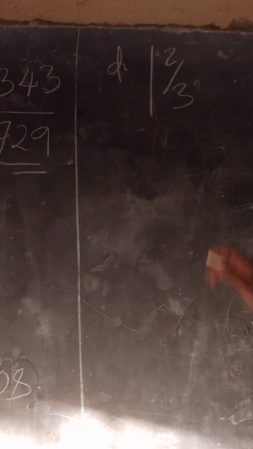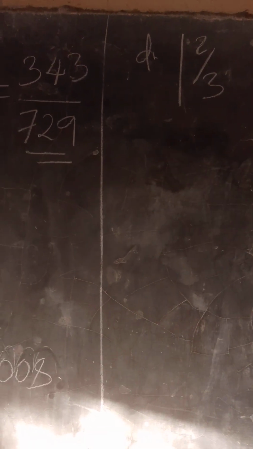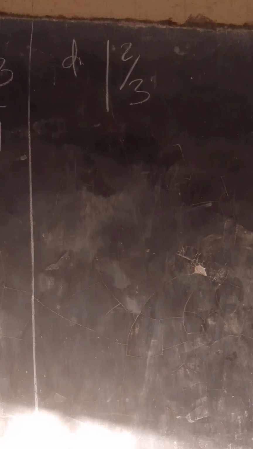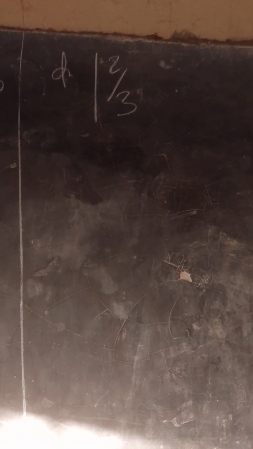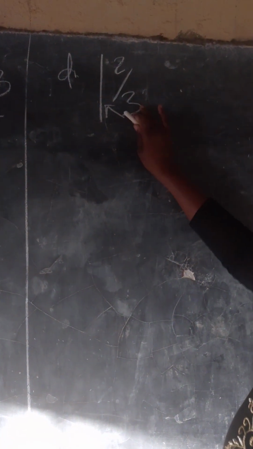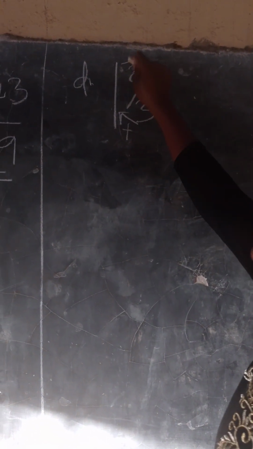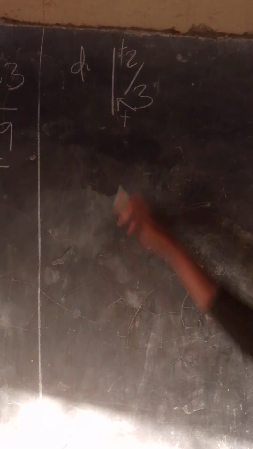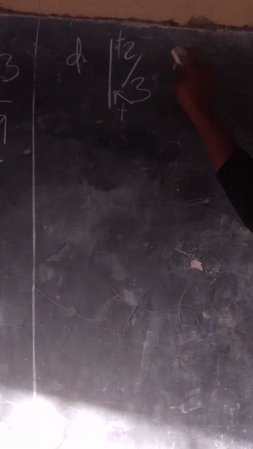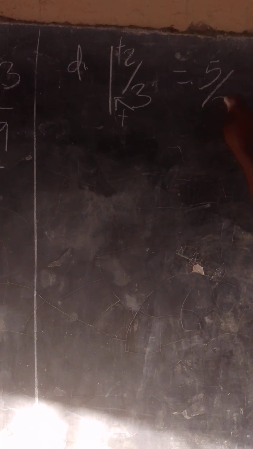Any learner is supposed to know that. This is how we convert. We multiply this by that, then we add. This is 3 times 1, 3 plus 2, 5. And this is 5 over 3.